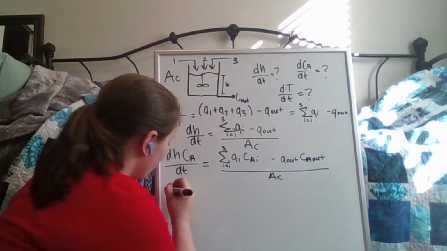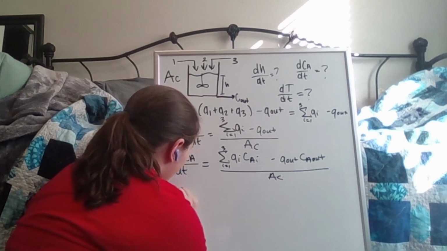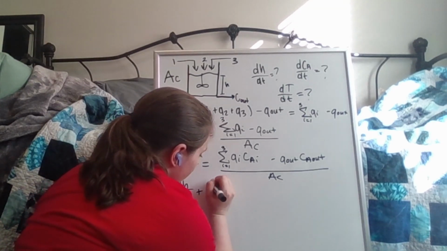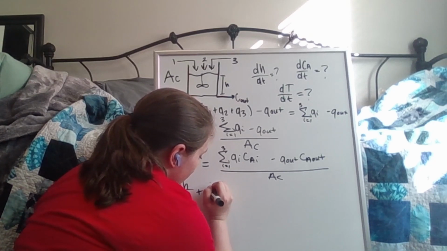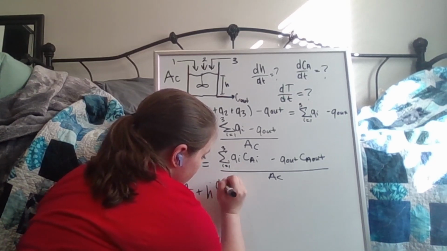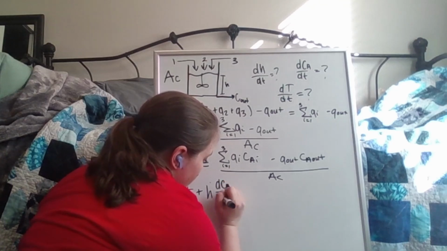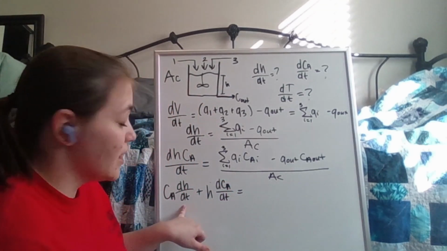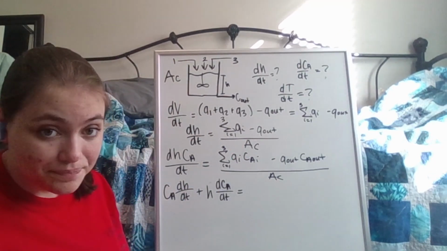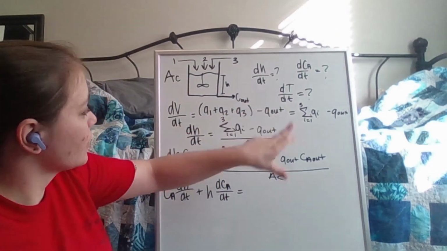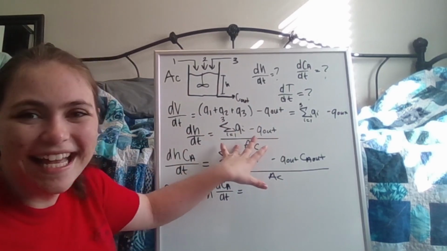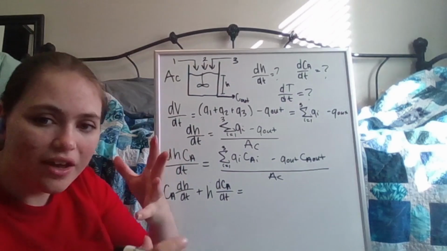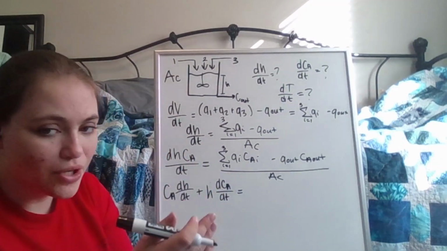That would be CA dH over dt plus, I believe, H dCA over dt. With that, we have separated this out, and we can use what we calculated. Where did I put it? Right here.